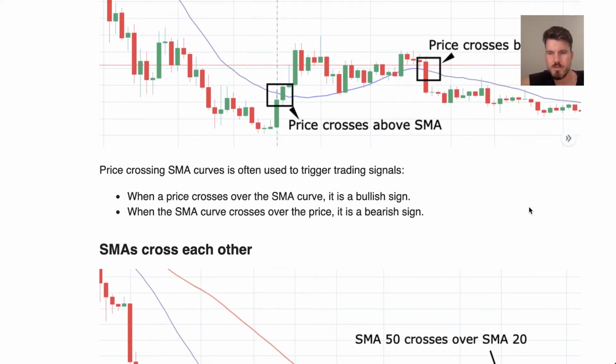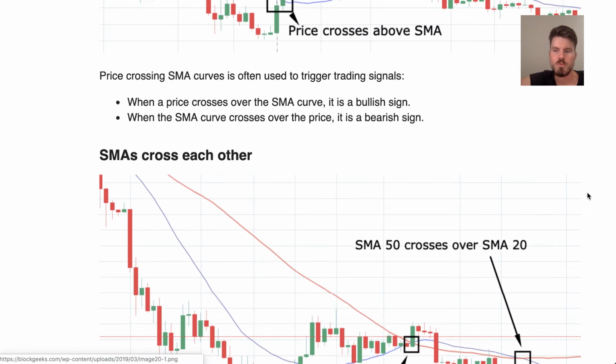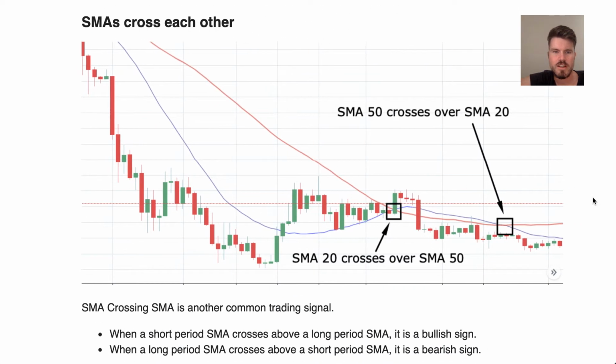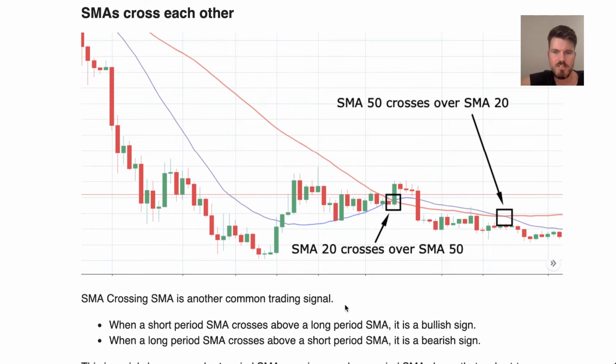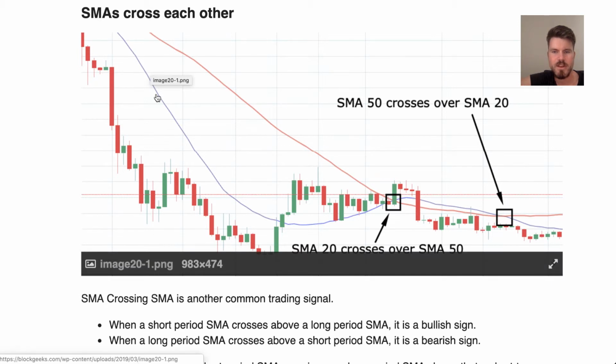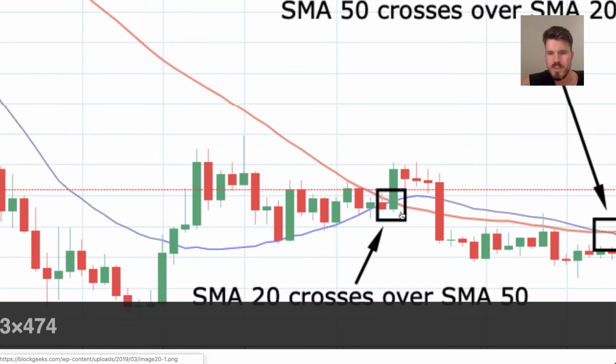Now, what I just mentioned before about simple moving averages crossing each other, here's an example with the SMA 20 and the SMA 50. The faster moving average would be the SMA 20, and the red one here would be the SMA 50. As you can see here in the black box, this is the crossover with the blue line going over the red line, and that's a bullish crossover.